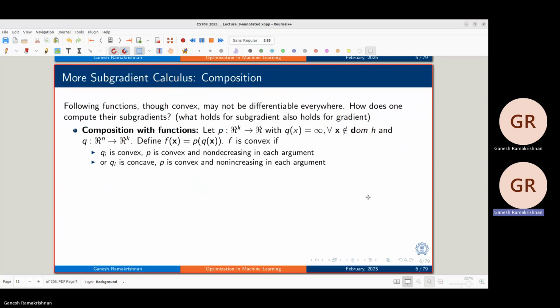Or h is convex and non-increasing and g is convex. Right? One of these two cases. Okay, so now I have talked about the more generic case where, okay, I use PQ. So let me be consistent. I use PQ there.